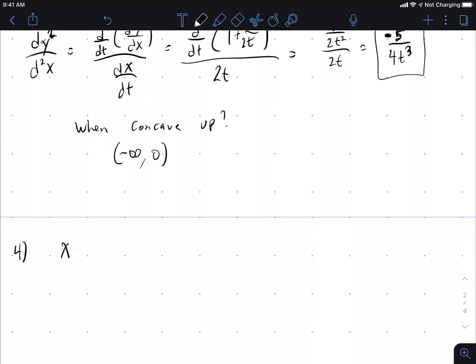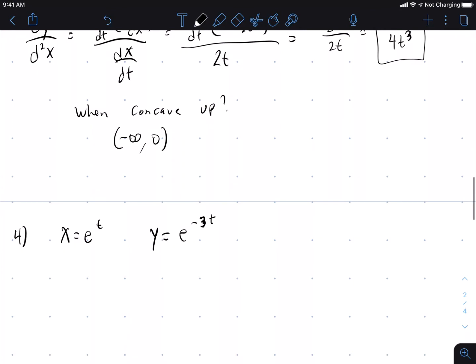So x is e to the t, y is e to the negative 3t, and I want you to find my Cartesian coordinate equation of the curve by doing the elimination of the parameter, okay?